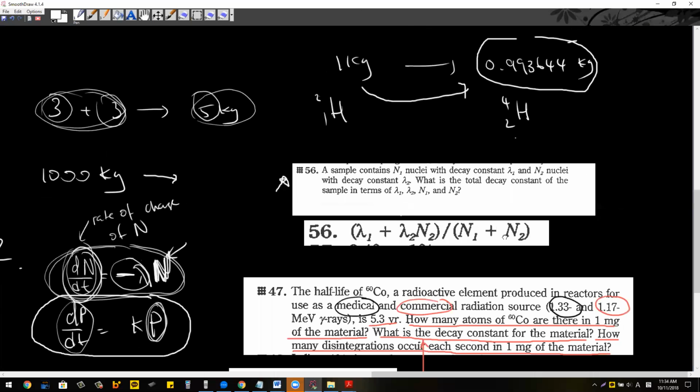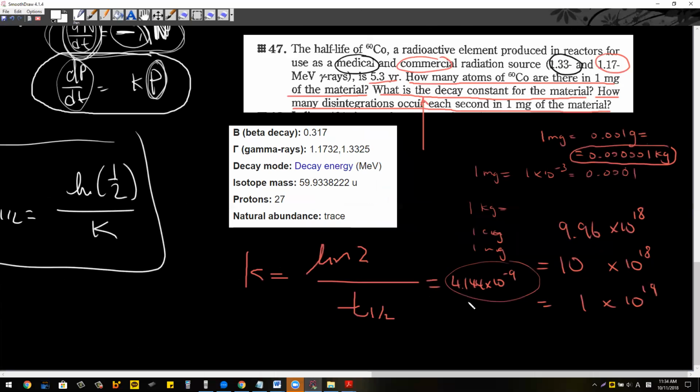Now we have got the lambda value. We know that dN/dt, the rate of decay, is equal to negative lambda times N. Have a look, this is negative 4.144 times 10 to the power of minus 9.